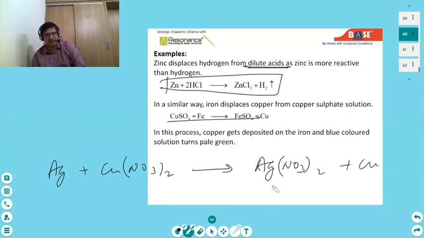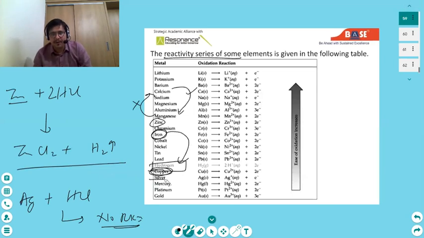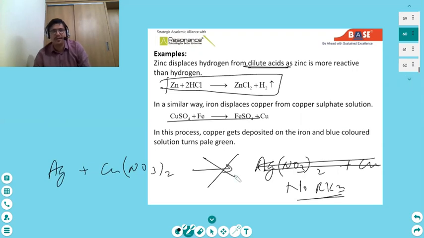Are you writing this? Ag plus in the form? Then your answer is no. So there will be no reaction in this case. Reason for that, silver is down and copper is above that. So the reaction does not take place. Whereas vice versa is possible. Silver nitrate and copper, it will react. I hope this is clear.